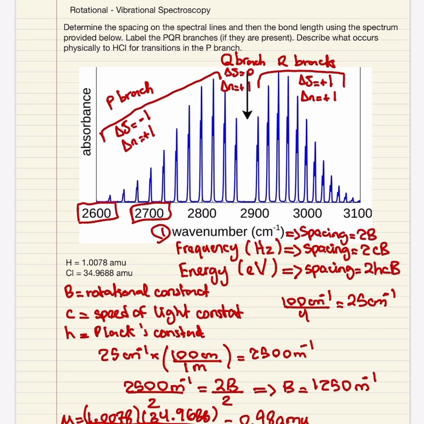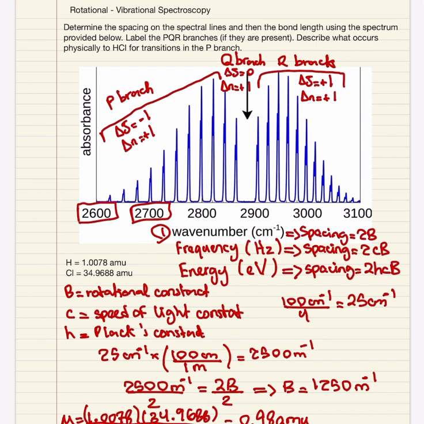In order to determine the transition, we need to understand what the gross selection rule means. The gross selection rule tells what sort of molecule can be observed for any transition to be possible: the molecule must have a dipole moment, because the dipole moment is very important when it comes to the transition.